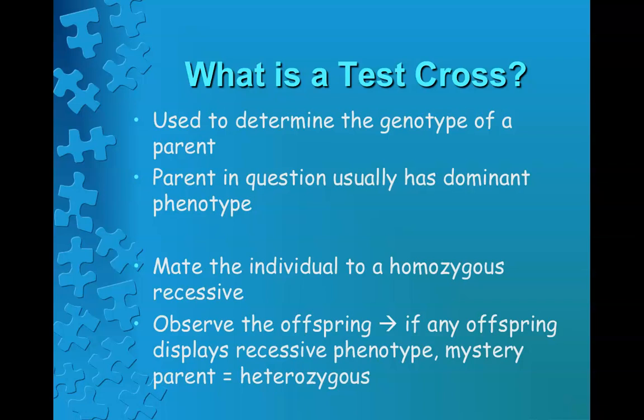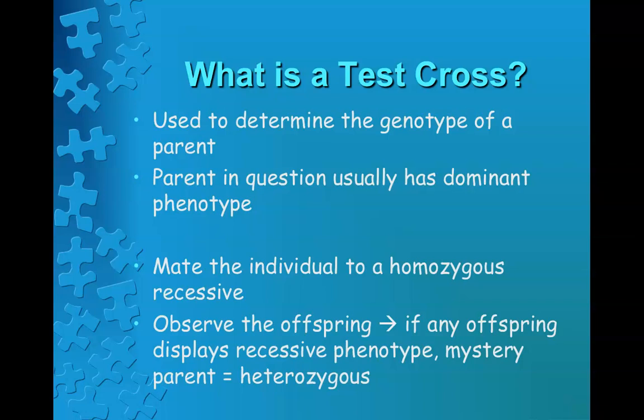So what we can do is a test cross, where I mate an individual with a dominant phenotype, where I don't know its genotype, like the black cow, with an individual who I know is recessive. Because recessive I can see, I know they have to have two copies of that recessive trait, so I already know their genotype simply by looking at them.